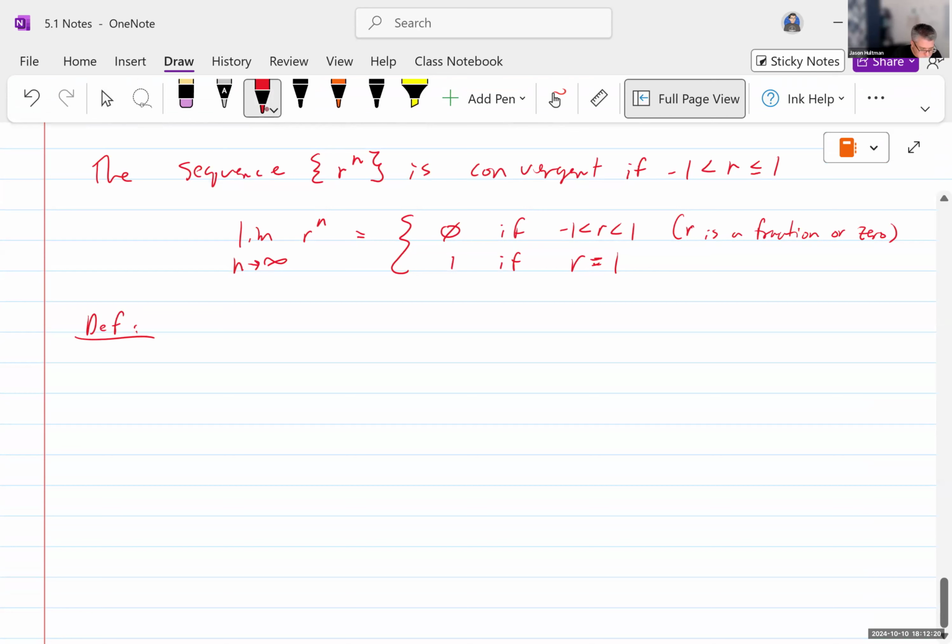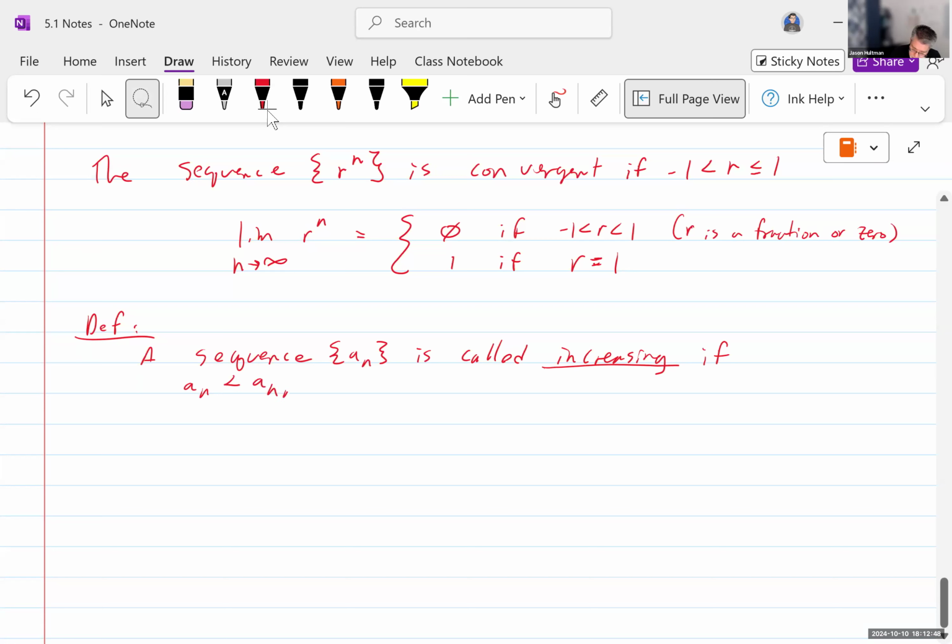Definition. A sequence a sub n is called increasing if a sub n is less than a sub n plus 1 for all n greater than or equal to 1.